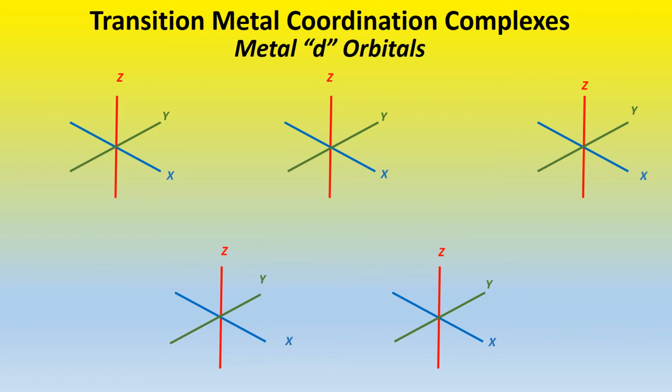The orbitals are named as follows. They look like 4-leaf clovers, and the first one is dxy, where you have a clover sitting on the xy plane bisecting the axes, 45 degrees in between x and y all the way around.